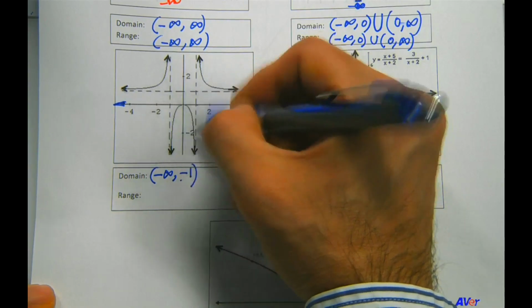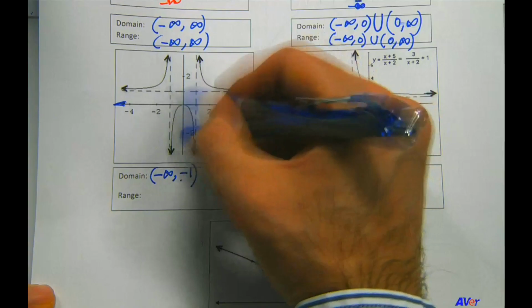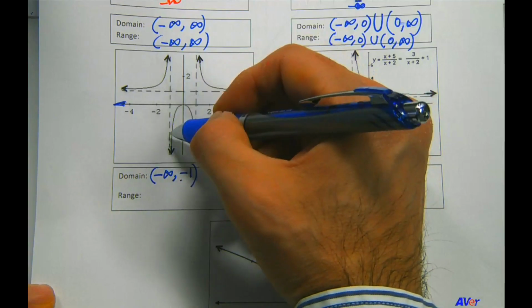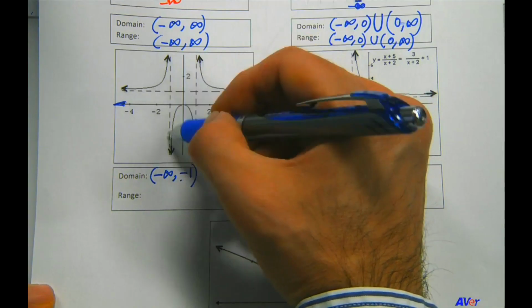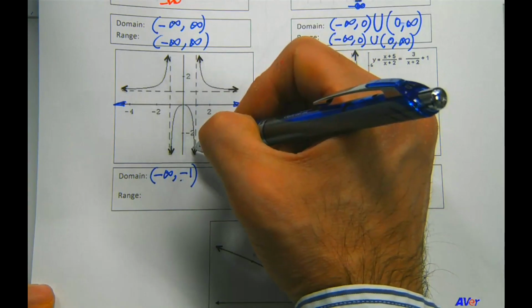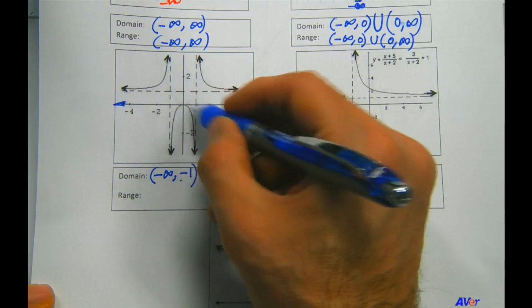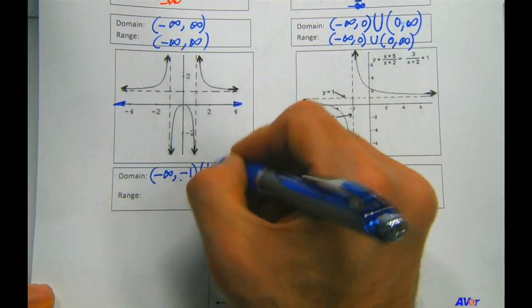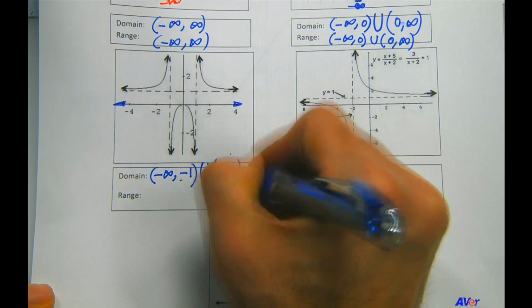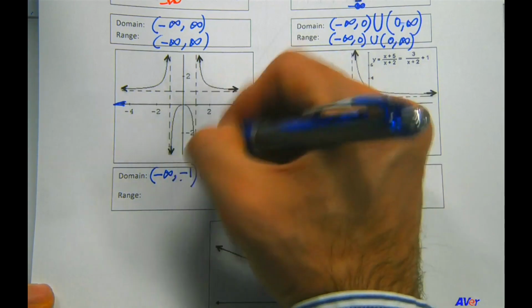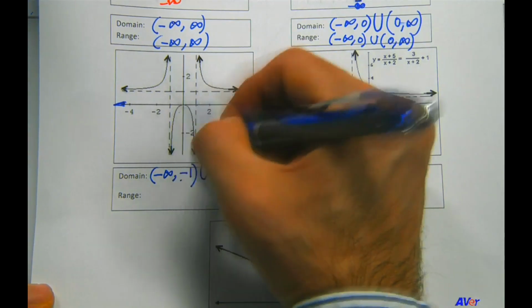Take a look at these dashed lines. These dashed vertical lines are asymptotes, and one is going through -1, the other one is dropping through +1, and this curve is going between those two along the x-axis. So union -1, 1, and this reflects the domain for this second piece.